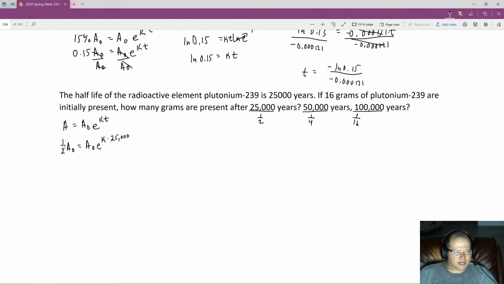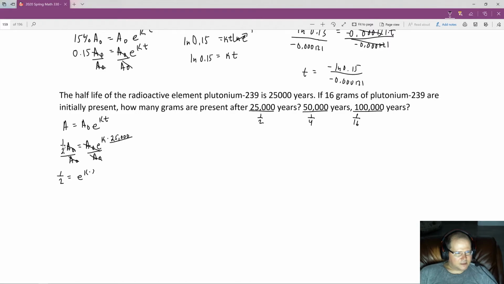And what this means is after 25,000 years, t, we should have half of the initial amount. So the next step is I'm going to divide both sides by A initial. Those cancel out.